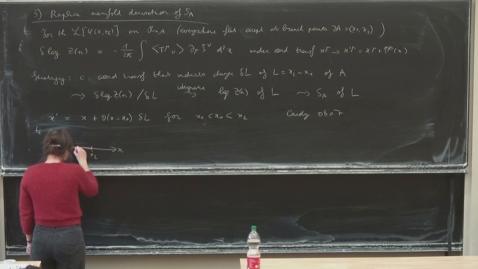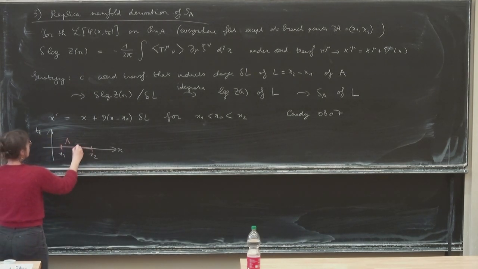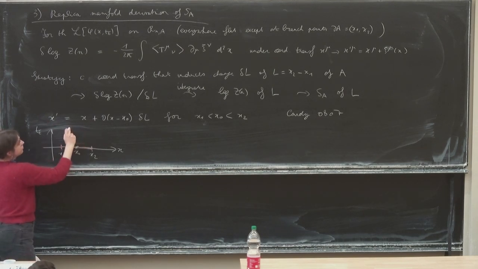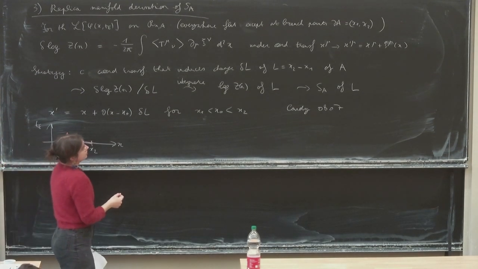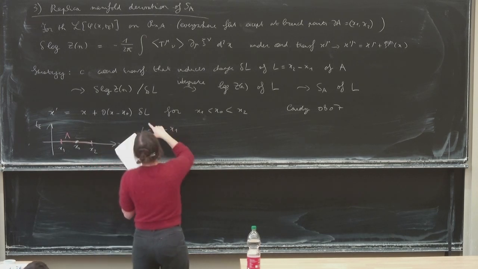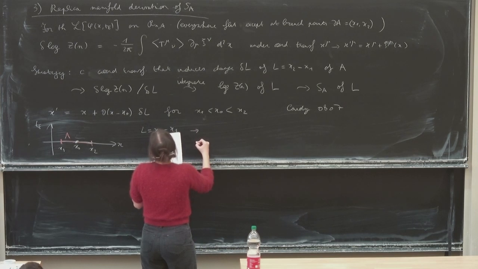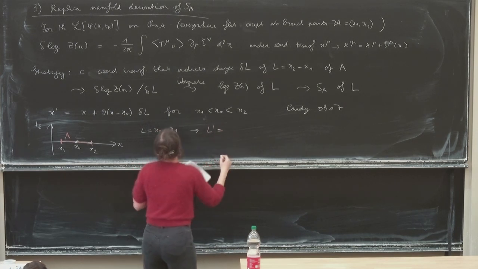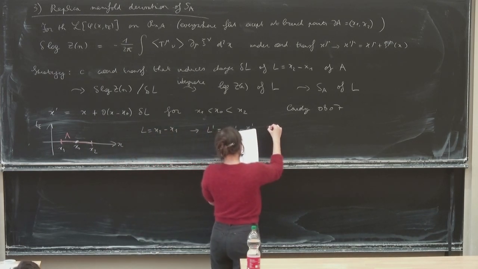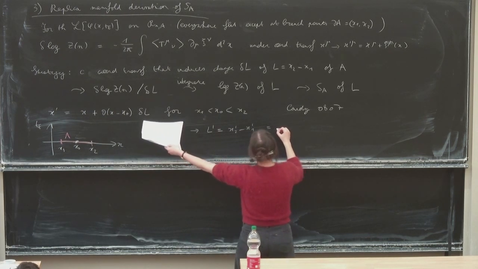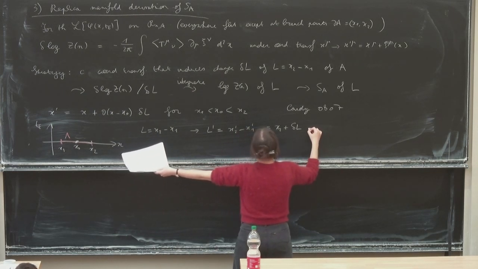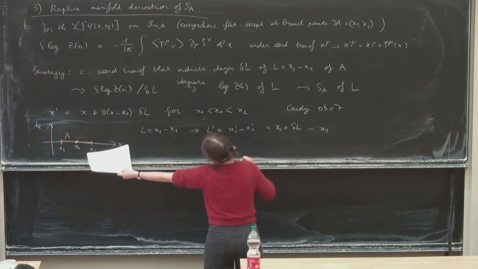I'm going to pick an x0 that sits in between x1 and x2, so I'll put it right in the middle, and choose this coordinate transformation, which I'll just show in one line, that induces a change in L equal to delta L. Because x2 minus x1 under this coordinate transformation will go to x2 prime minus x1 prime, which is x2 plus delta L for x2 because it's larger than x0, and x1 remains the same because it's smaller than x0.